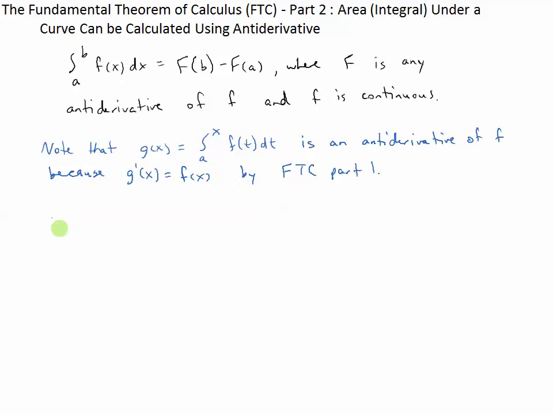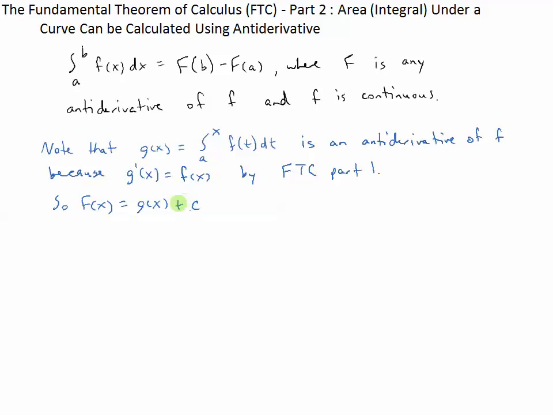Okay? Now, big F could be any antiderivative. Well, it simply must be g of x plus a constant. G of x is an antiderivative, and both of them have the derivative little f, so big F of x must be g of x plus some constant. They must differ by only a constant, okay?